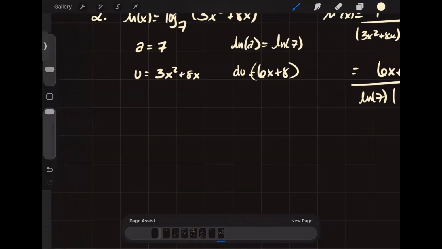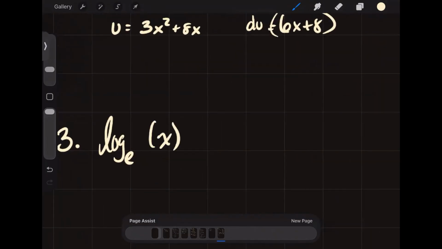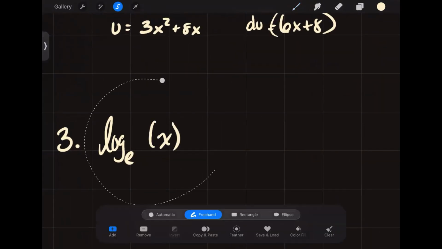Again, let's say I have h of x equal to log base e of x.